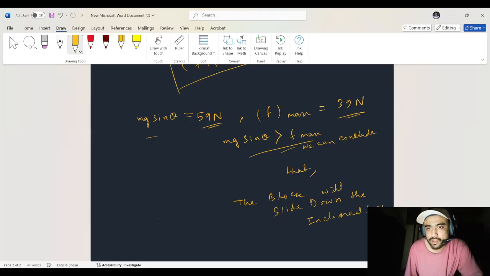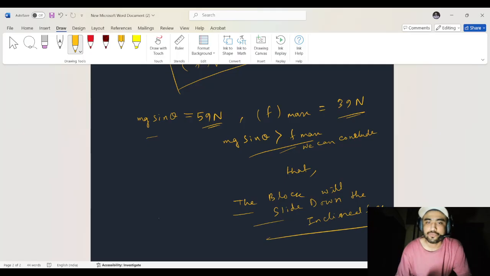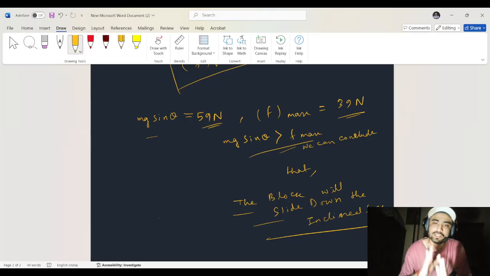So this is the solution. We have determined whether it will slide down or be motionless. As the value of mg sine theta is greater than the maximum frictional force, this is quite obvious.